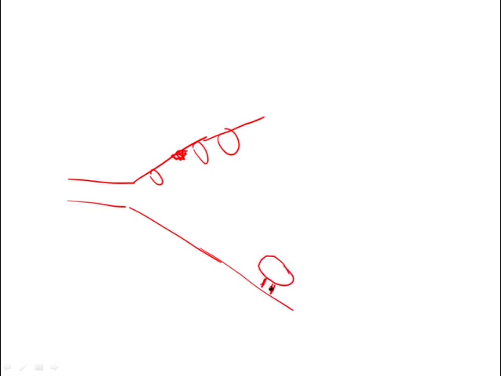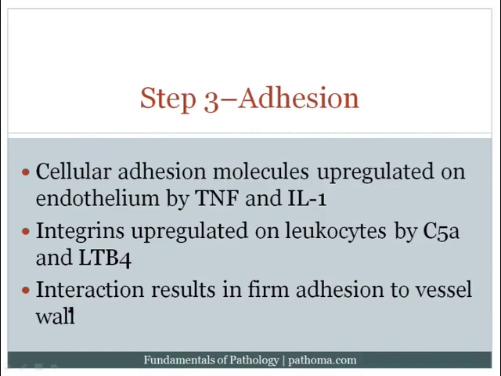The reason we want to stop it dead in its tracks is because eventually we want to bring the leukocyte to this side of the blood vessel so that it can fight the infection out here. And so the next step is actually called adhesion. So let's go back. Adhesion refers to the binding of the leukocyte to the vessel wall, and it actually occurs via an interaction between two proteins.